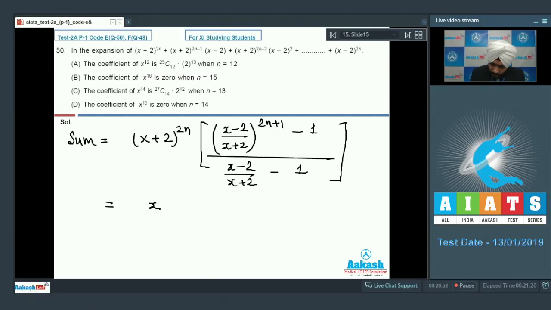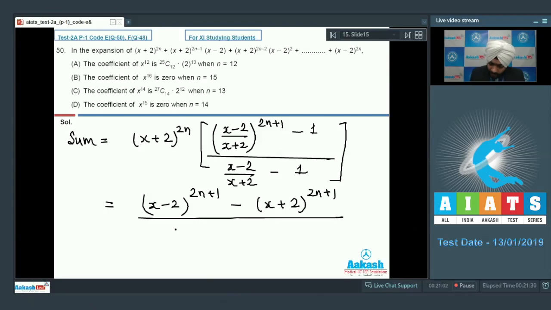You will get (x minus 2) raised to the power 2n plus 1 minus (x plus 2) raised to the power 2n plus 1, whole divided by (x minus 2) minus (x plus 2). So this is 1 by 4 times (x plus 2) raised to the power 2n plus 1 minus (x minus 2) raised to the power 2n plus 1.